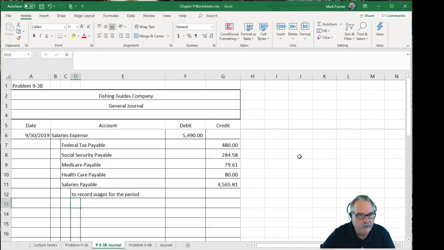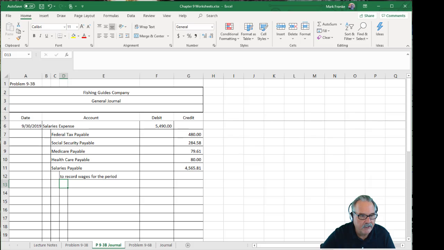So now we can go over and prepare our journal entry to record the employer taxes. And that journal entry is going to look like this. We'll call this employer tax expense.